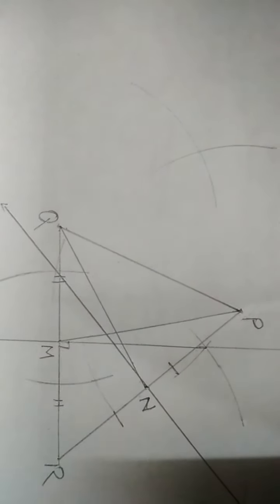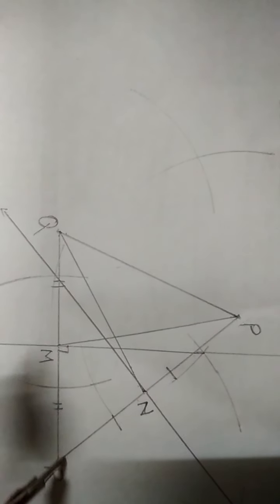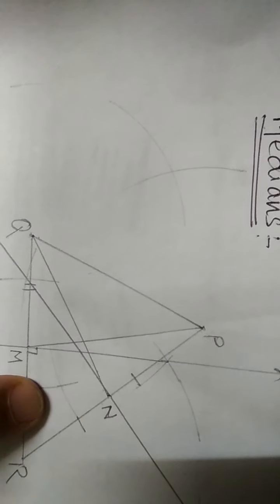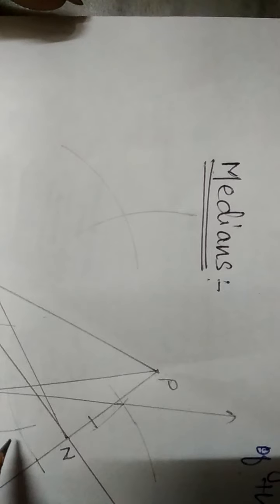Now with the compass, for the points P and Q, adjust the compass and take a perpendicular bisector for both sides. You can see the construction, two intersecting arcs. These two points you will join, so that we get the median for the third side.